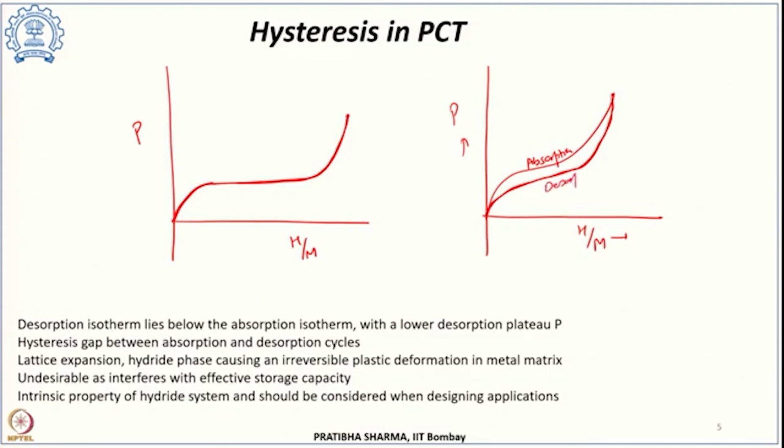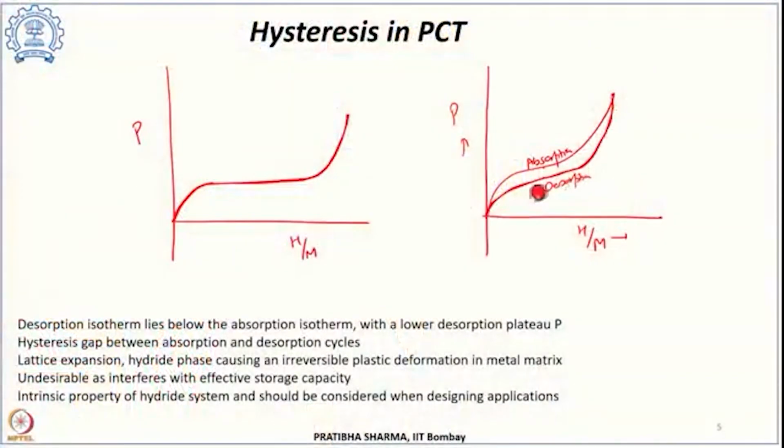So, this is the desorption curve, and the equilibrium pressure for absorption is not equal to the equilibrium pressure for desorption. The desorption plateau pressure is lower than the absorption plateau pressure, and this effect is known as hysteresis, when the absorption curve does not match the desorption curve. So, this hysteresis gap occurs between the absorption and desorption cycle.